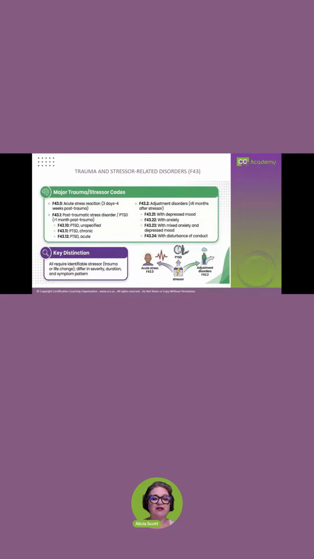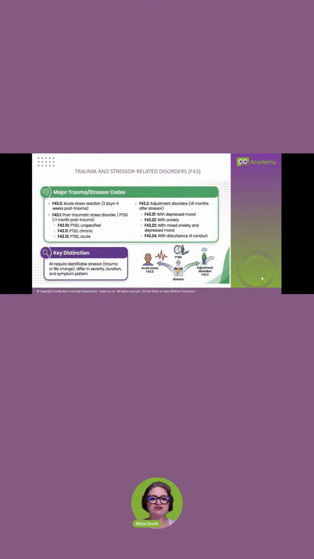And then wrapping up, we have F43.24, and that's disturbance of conduct. Now, here are the key distinctions that you need to be aware of. All of these require an identifiable stressor, either trauma or a life change, and they differ in severity, duration, and symptom pattern. You've got to pay attention to those timelines because the timeline tells which code to use.